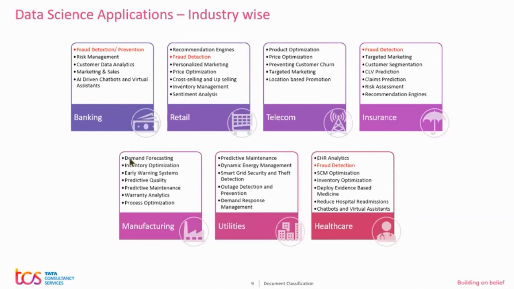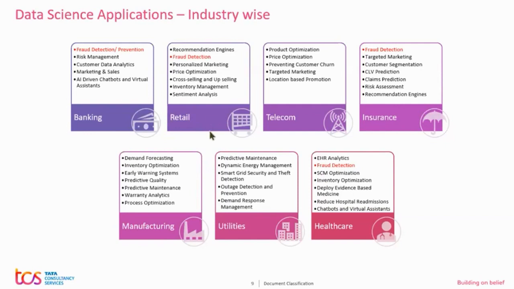Utilities is that industry which basically caters to your daily energy requirements, water requirements, gas pipelines, etc. So those industries which take care of those utility services come under the utility industry. And healthcare, of course: the hospitals, the pharmacies, the insurance providers, all that can also come under the healthcare bucket.